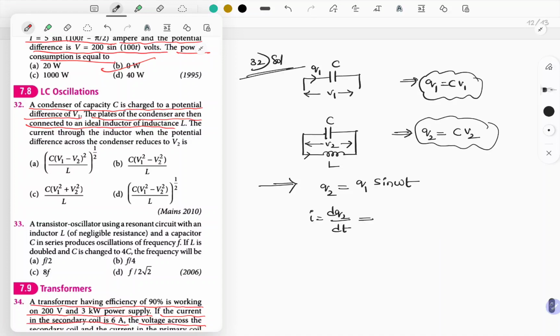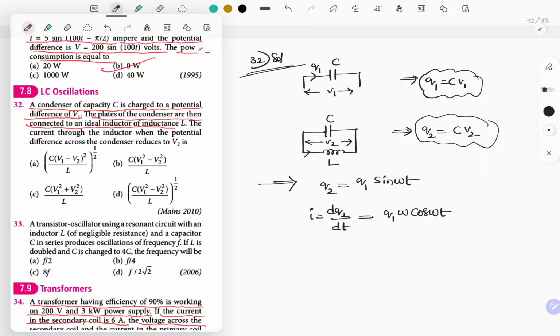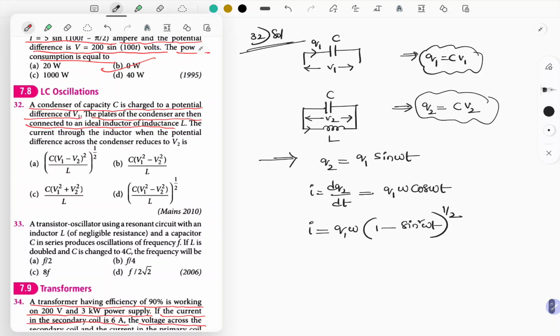The differentiation of sine omega t is cos omega t, so it's going to be Q1 omega cos omega t. Cos omega t in terms of sine can be replaced, so I is equal to Q1 omega times (1 minus sine square omega t) whole power 1 by 2, from sine square omega t plus cos square omega t equals 1.